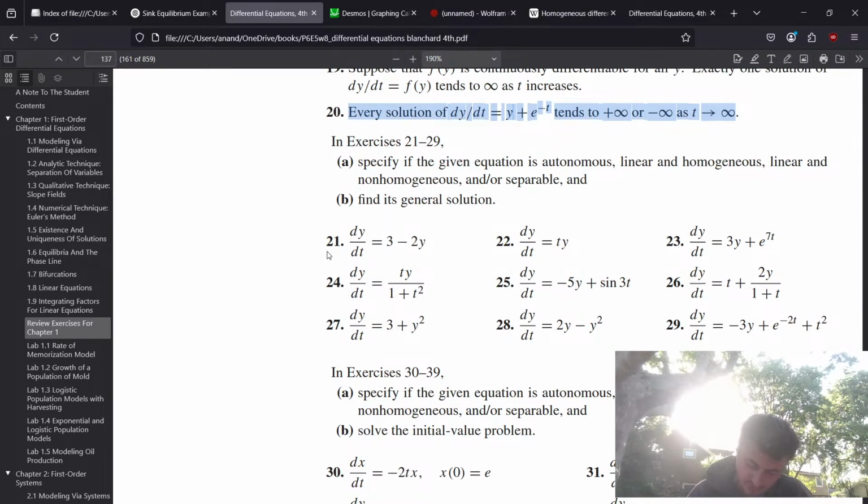Okay, so we're going to do dy over y is equal to t dt. So we're going to get ln of y is equal to t squared over 2 plus c. So then we get y is equal to e to the t squared over 2 plus c, so y equals C e to the t squared over 2.